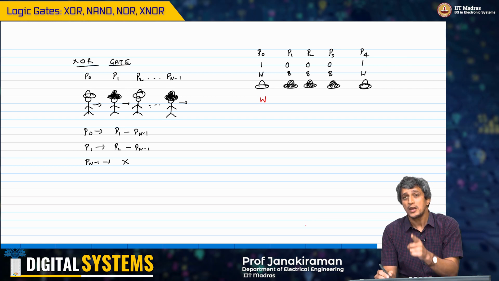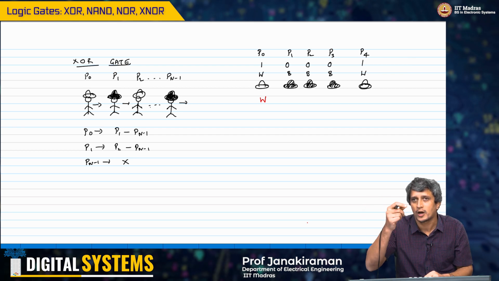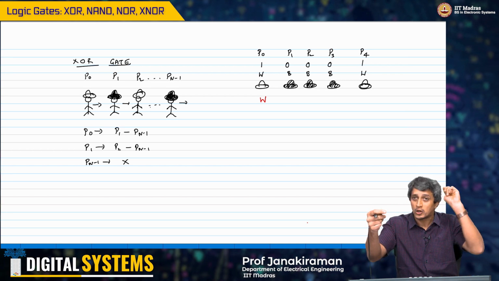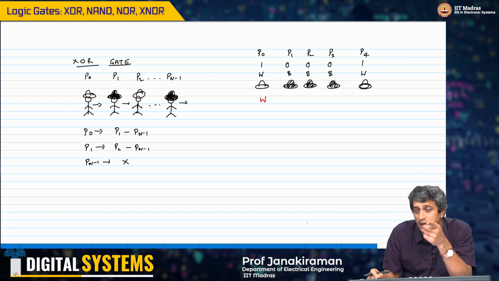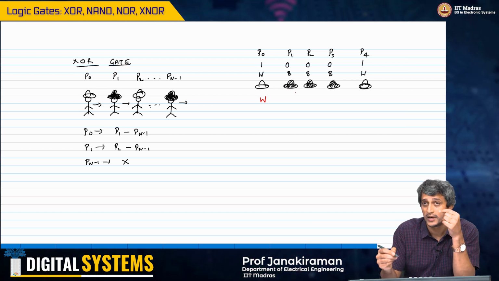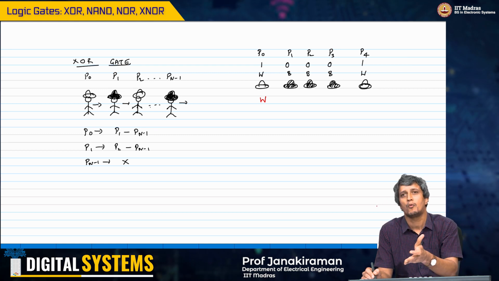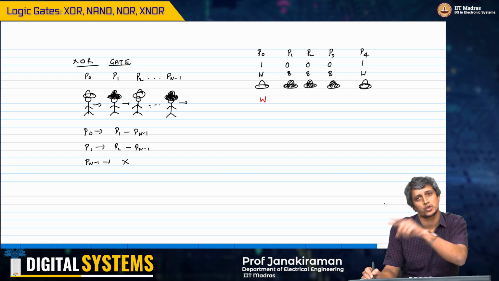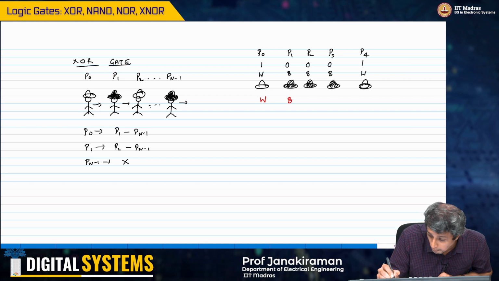Okay, that means P1 therefore knows that if the number of hats in front of him or her has to be still an odd number, and also the fact that P0 saw an odd number, the only way that can happen is if P1 is wearing a black hat. Because if P1 were wearing a white hat, then P0 would have seen even number of hats. But P0 saw odd, P1 is also seeing odd, and therefore this guy will shout black.